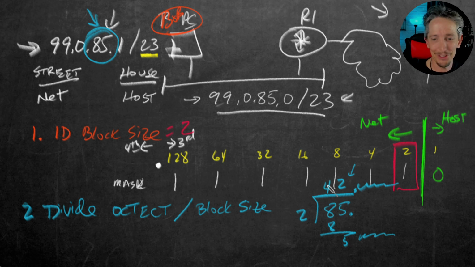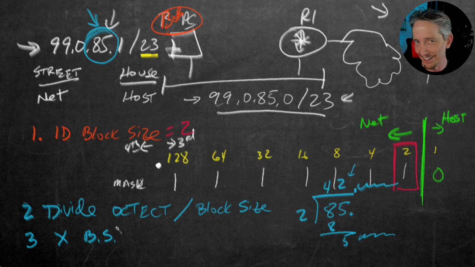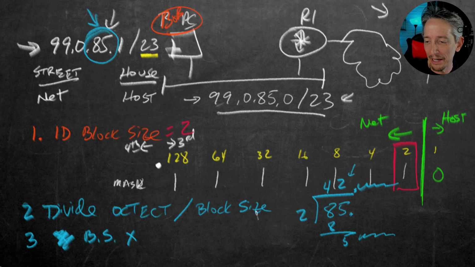So far, so good. The next step is to go ahead and multiply. So we're going to multiply the block size. I'm going to put BS, but I want you to know that BS stands for block size, the block of addresses, just for abbreviation here. Nothing else, just block size. We want to take the block size and multiply that by that result.